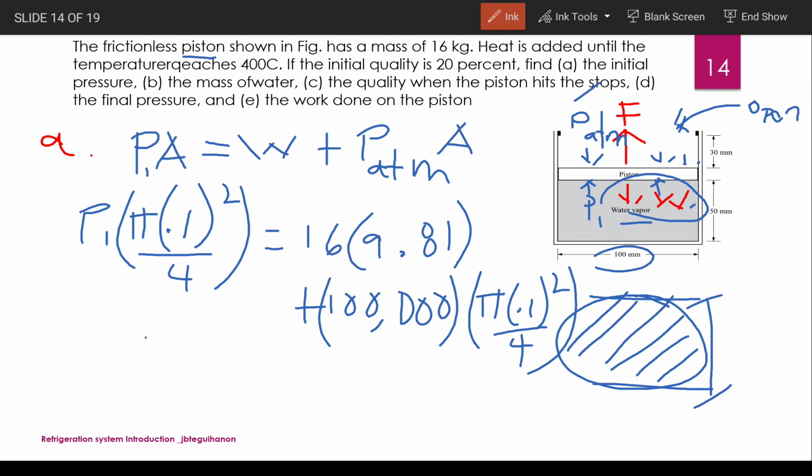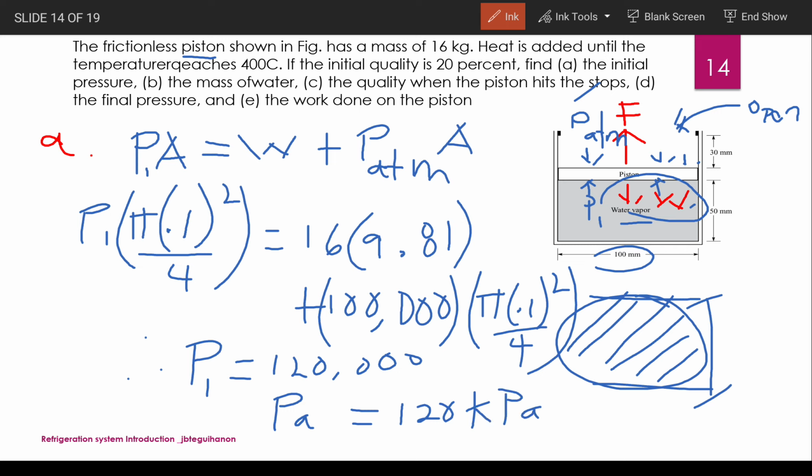Then we plug into the formula and perform the numerical calculation. We are going to have P1 equal to 120,000 Pascal, or 120 kilopascals. This is what we got for A, the initial pressure.